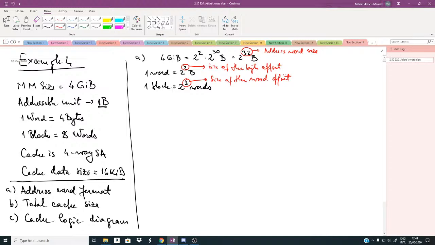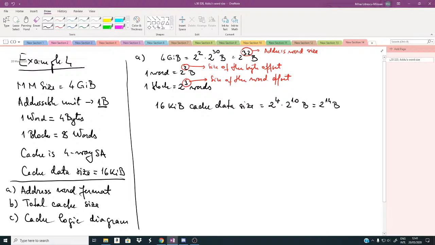Now let's see the index. Well, for the index, we need to analyze the cache size. So we have 16 kilobytes cache data size, which is 2 to the power 4 times 2 to the power 10, because 2 to the power 10 is 1 kilo, and 16 is 2 to the power 4, so 2 to the power 14 bytes.